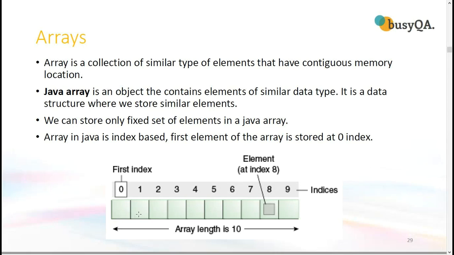So this is index 0, index 1, index 2, index 3, and the last index will be index 9. If you try to access index 10, Java will throw an error saying that doesn't exist. So that's something you have to get your head around to understand arrays.